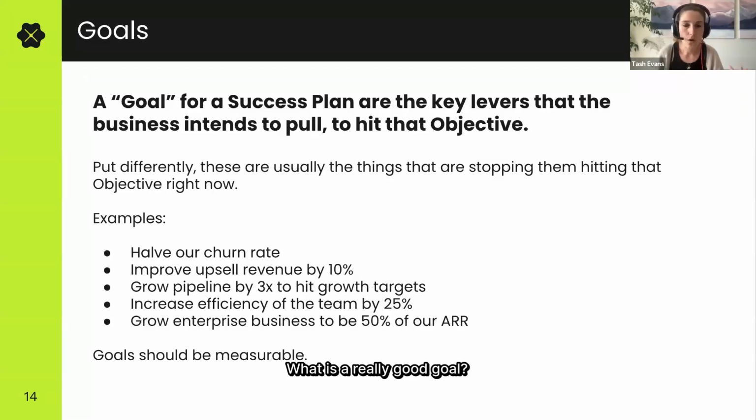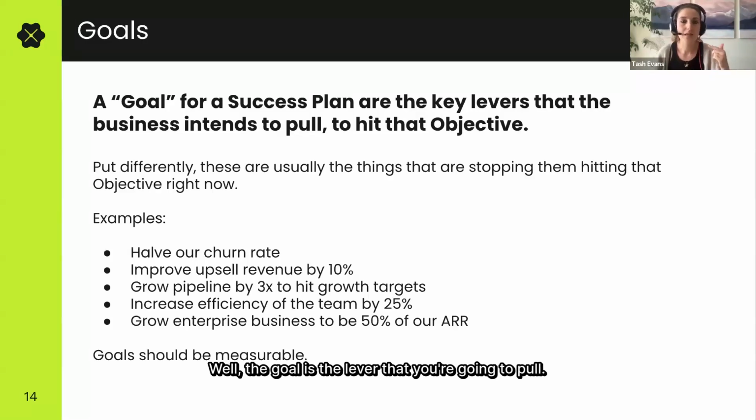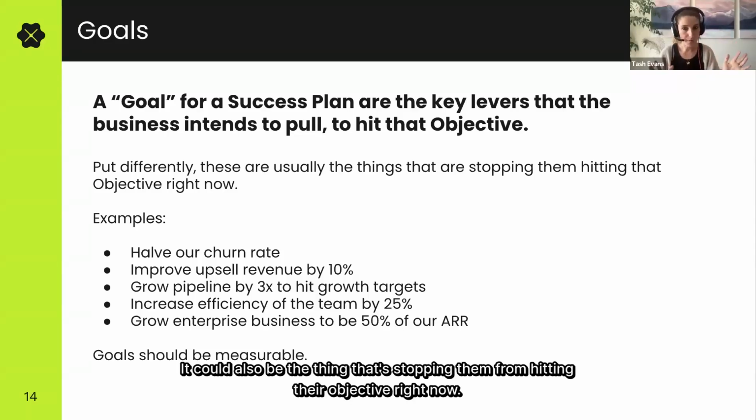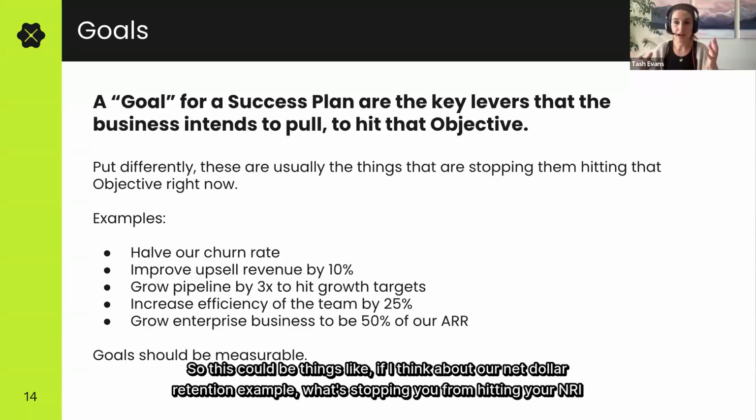What is a really good goal? Well, the goal is the lever that you're going to pull to get to the objective. It could also be the thing that's stopping them from hitting their objective right now. So this could be things like, if I think about our net dollar retention example, what's stopping you from hitting your NRR goal right now?